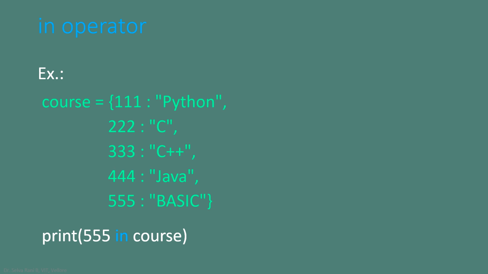Let us consider an example dictionary course with the 5 elements in it. 111, 222, 333, 444, 555 are the keys associated with the values Python, C, C++, Java and Basic respectively. If we want to check a particular key presence in this dictionary, we can use the in operator.